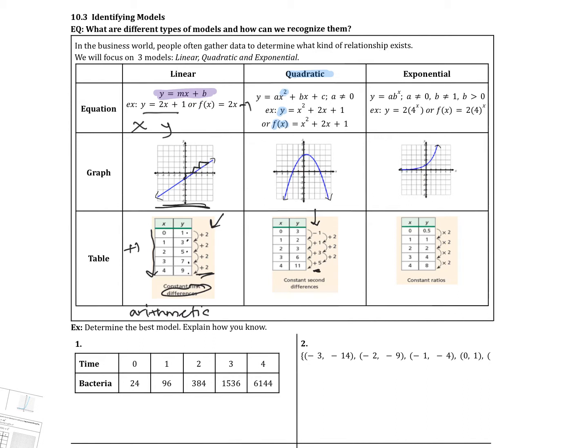How I get from one y value to the next y value is not with a common difference. Then you would say, well, how do I get from these first differences to the next one? So you're going to look at what we call the second difference. And if those second differences are the same, then we can say that the table of values is modeling a quadratic function.